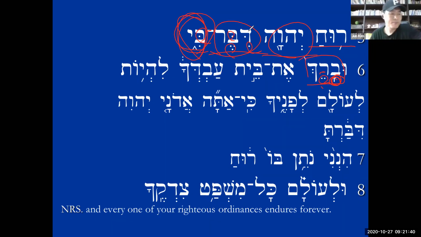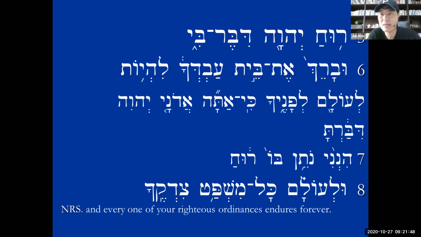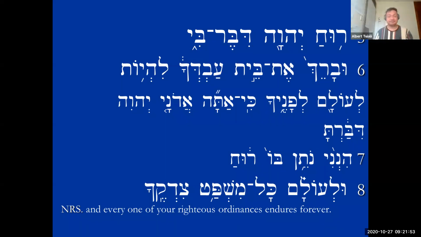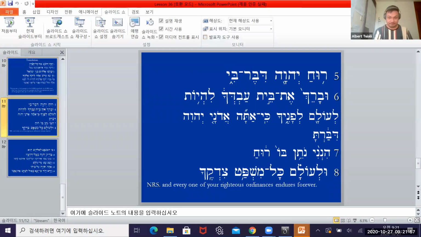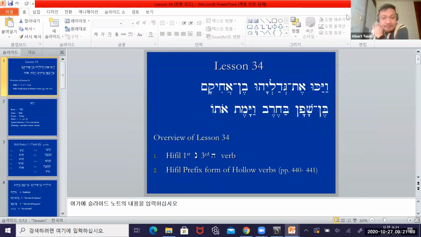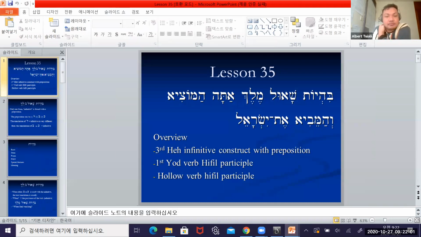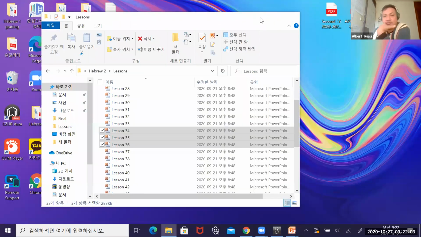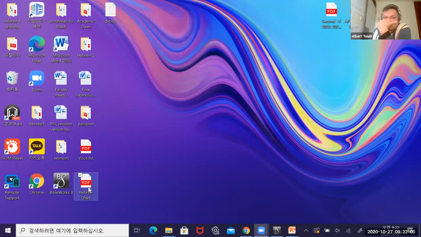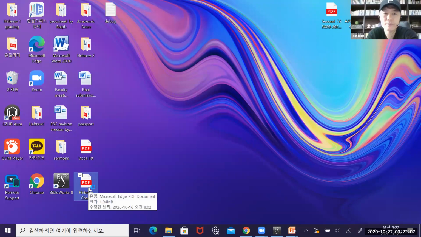One more time. I'm going to finish today's lesson by looking at our verb charts so that we can understand everything. Let me show you this. Page 439.